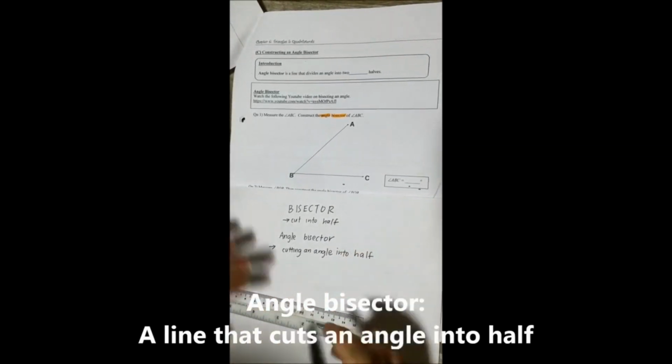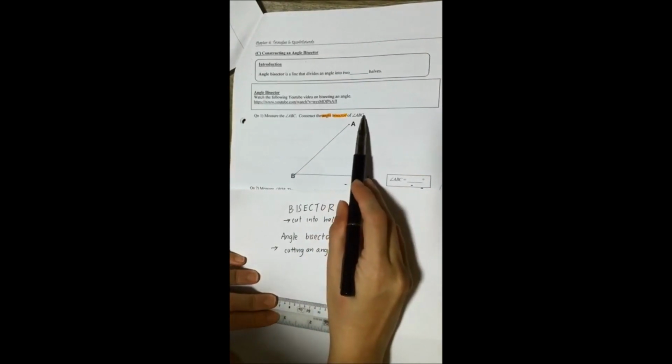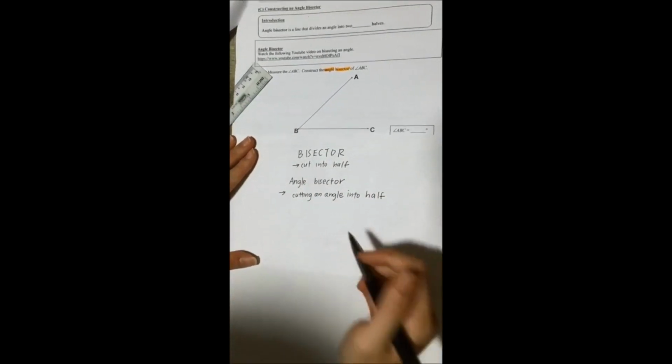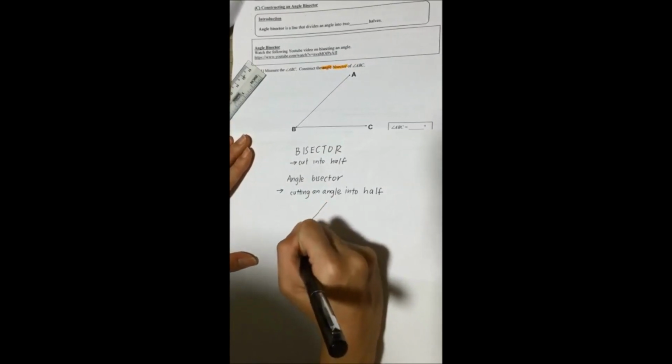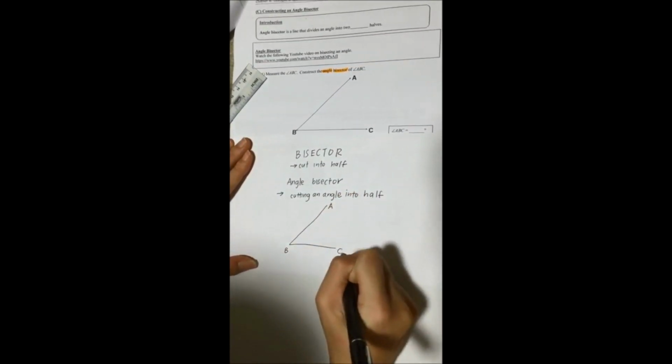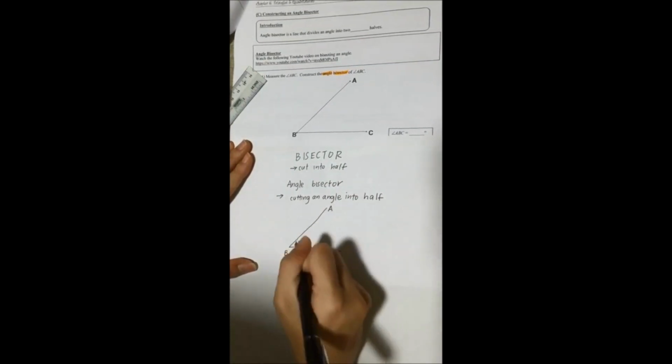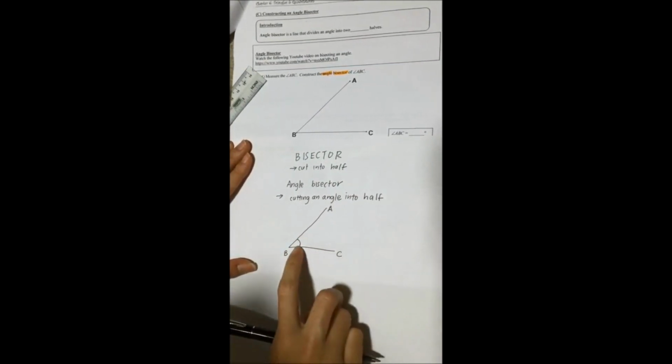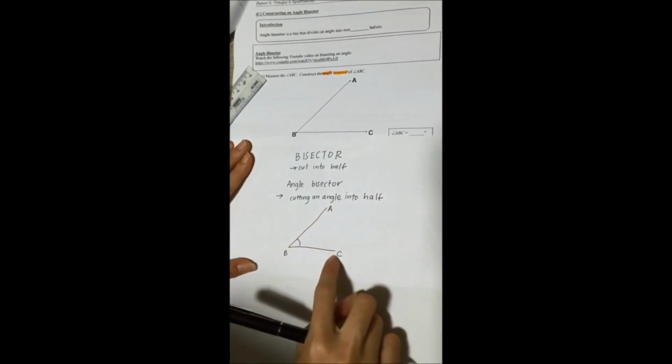Okay, so now I have this angle ABC. I want to draw a sketch first. I always advise you, before you start on any diagram, always visualize what is the final outcome you want. So I have this angle ABC.